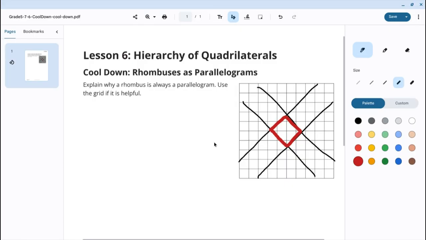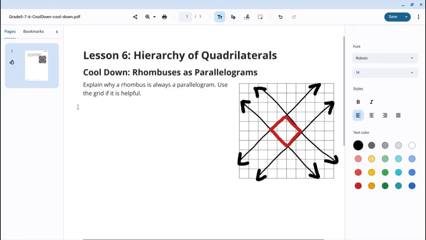Those opposite sides, if we continue them forever, as I'm seeing here, if these continued, they would not touch. They would go on forever. Now that red shape inside is specifically what we're talking about, the rhombus, but we're saying if those opposite sides continued, they could go on forever and never touch. And that truly is why a rhombus is always a parallelogram.